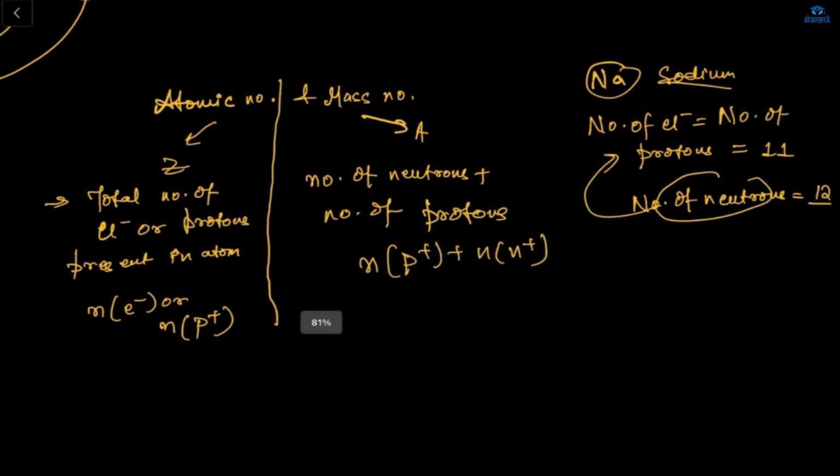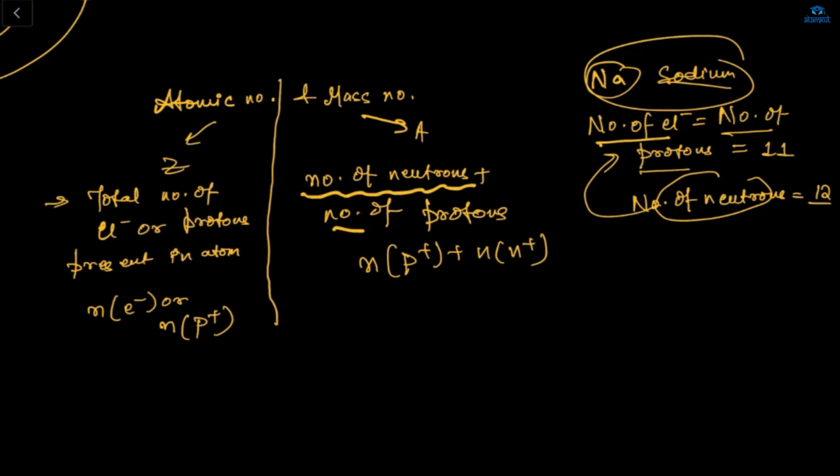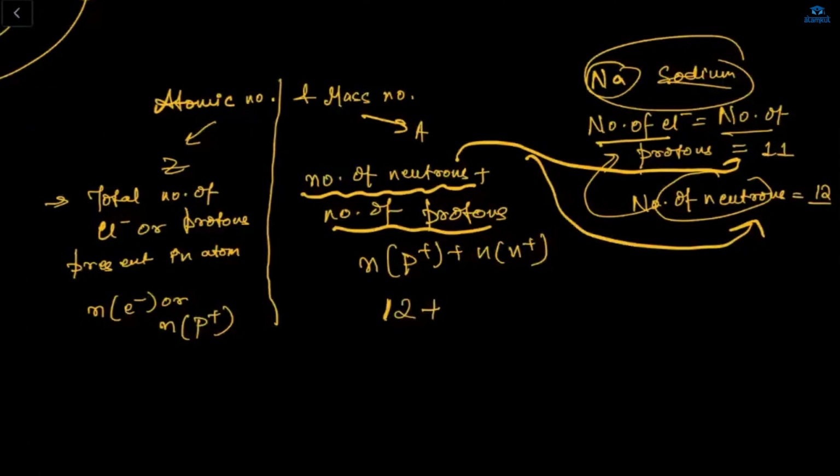So in sodium, the number of electrons is equal to the number of protons, but the number of neutrons may change. And the mass number is the number of neutrons plus the number of protons. The number of neutrons is 12, and the number of protons is 11.